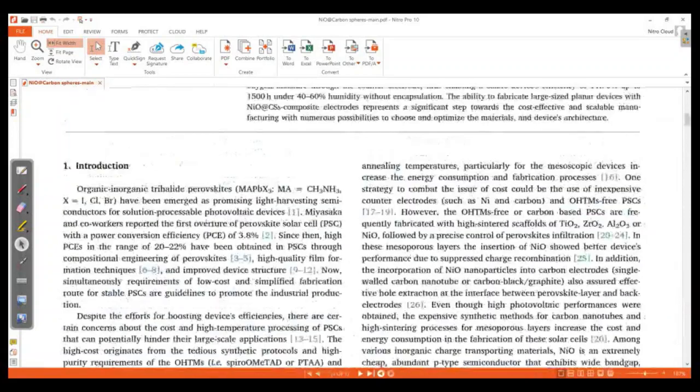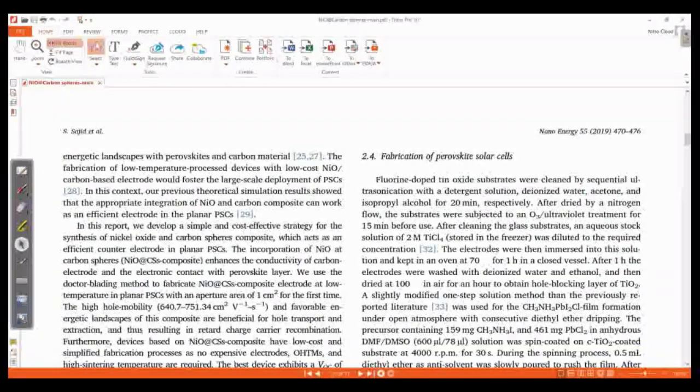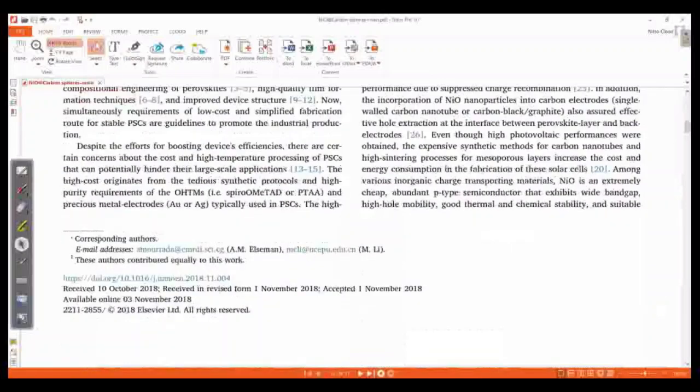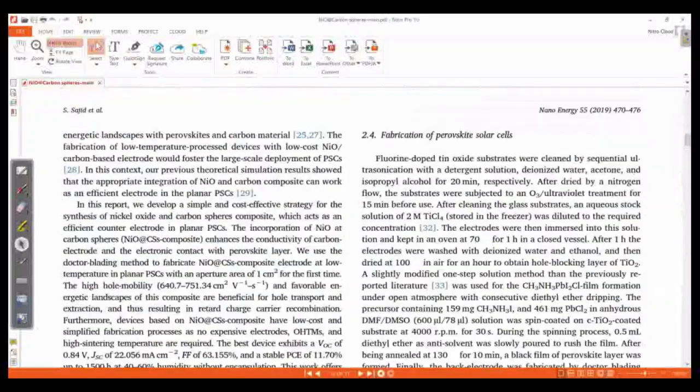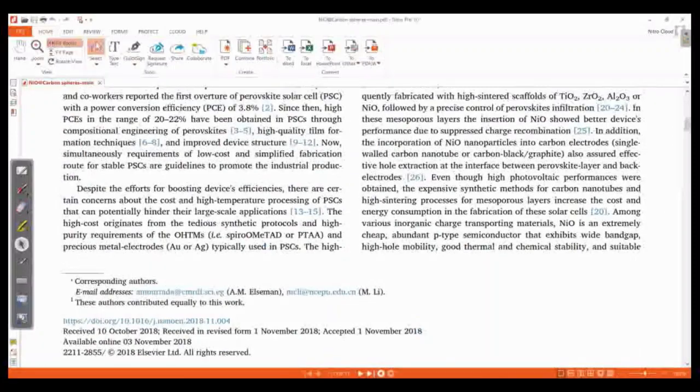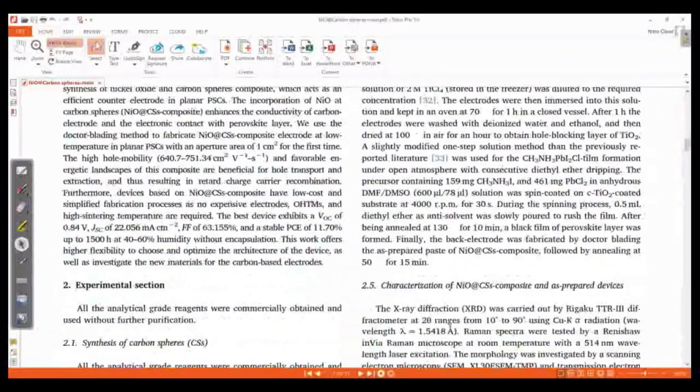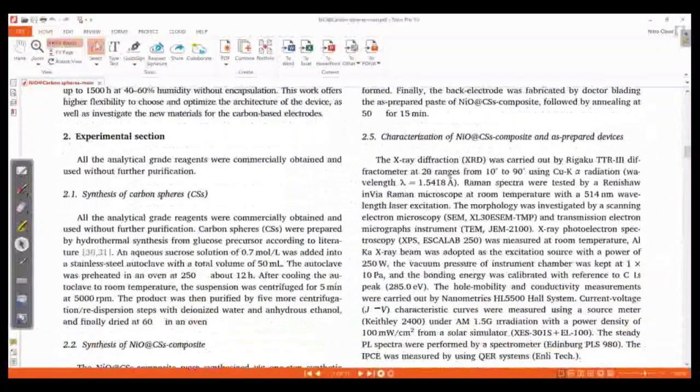Another section that can cite other articles is the experimental section. For example, over here, you can follow the others. For example, carbon spheres were prepared by hydrothermal synthesis from glucose precursor according to literature. So we have followed these literature 30 and 31 to prepare the carbon sphere.